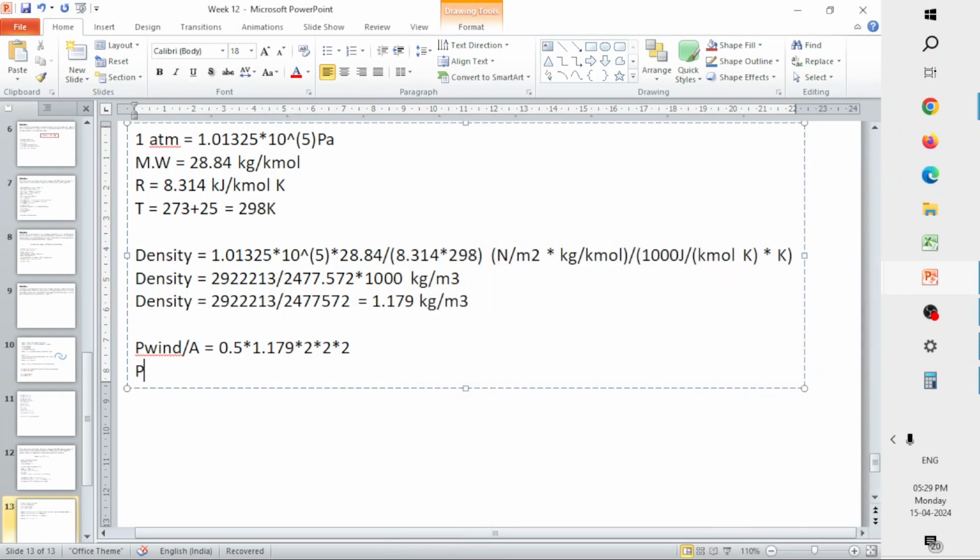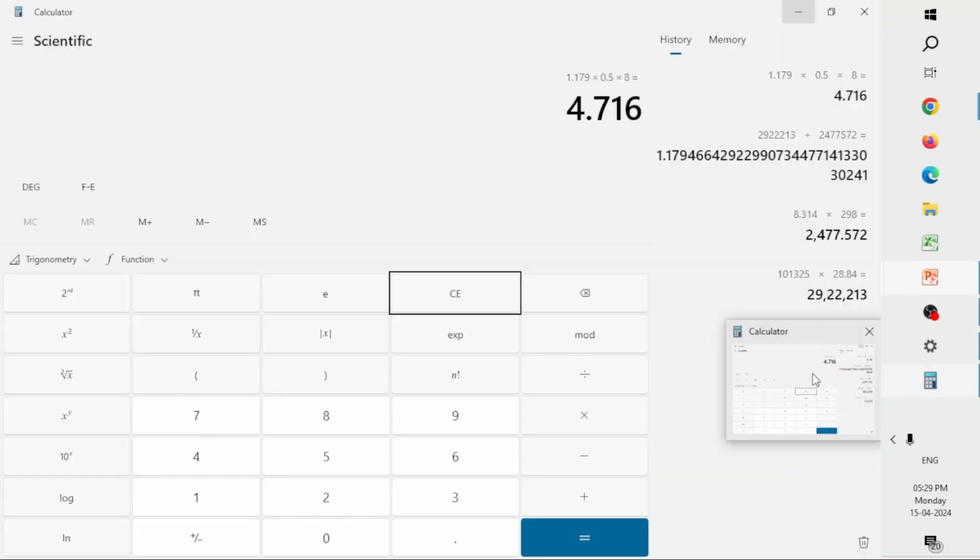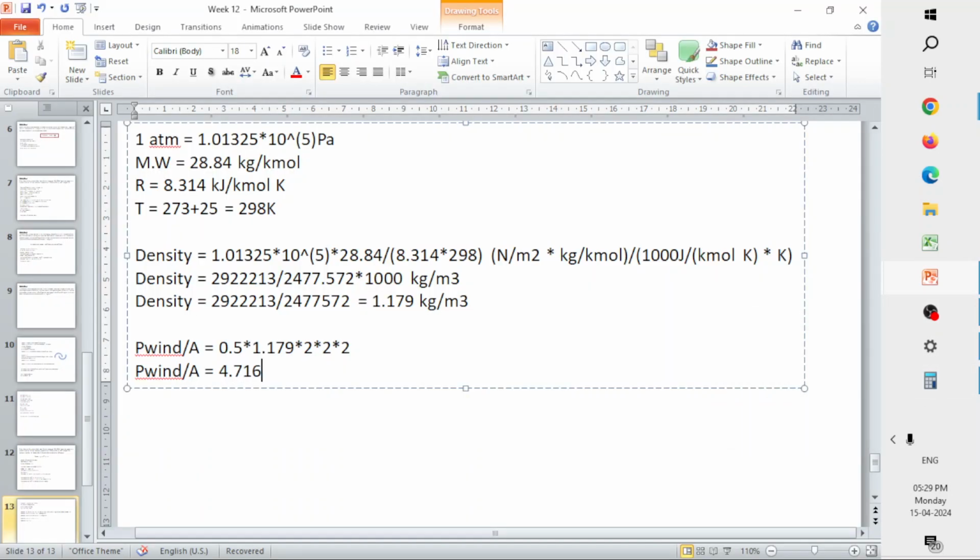So the power available in the wind per unit area will be 4.716 watt per meter square. And since they have asked us to express that in kilowatt per meter square, you just need to divide this by 1000, so it will be 0.004716 kilowatt per meter square.